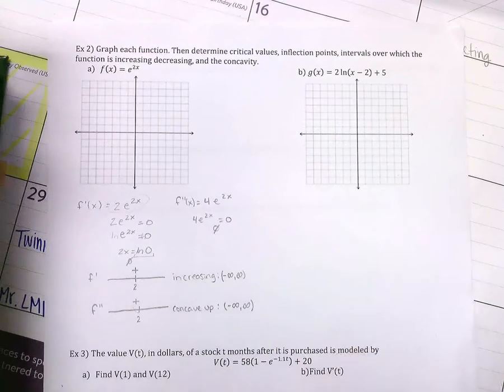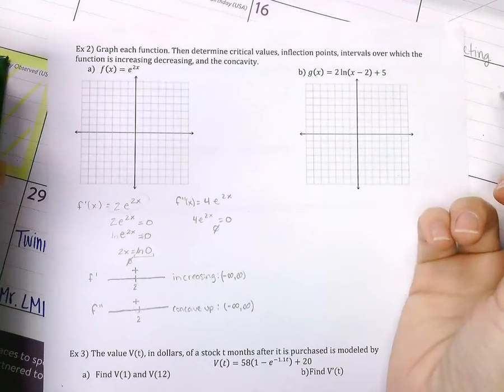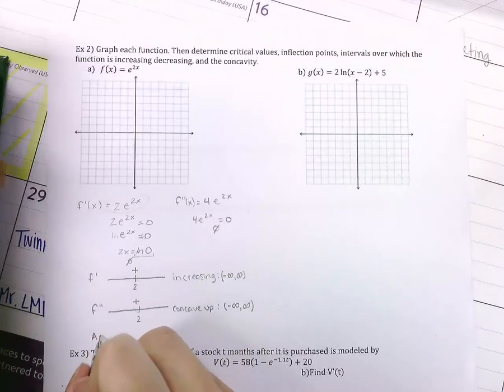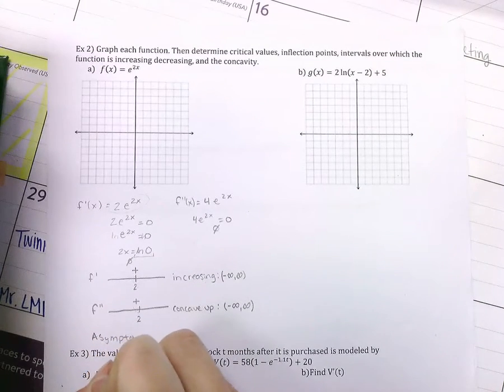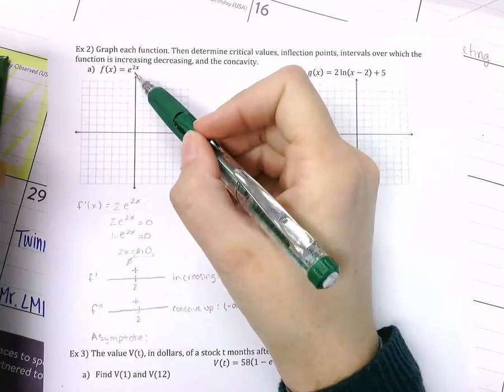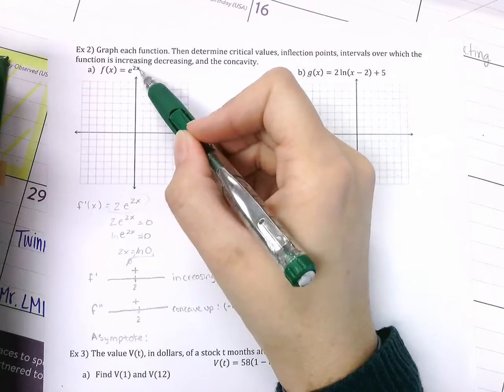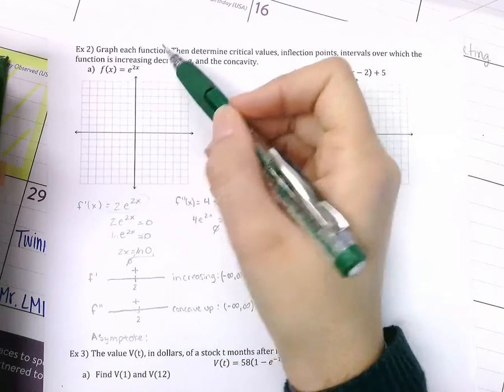So it's increasing and concave up, and then in theory, you should know that both of these functions have asymptotes. This one has a restricted range because there's nothing that we can plug in for x that's going to give us a negative number or even 0.